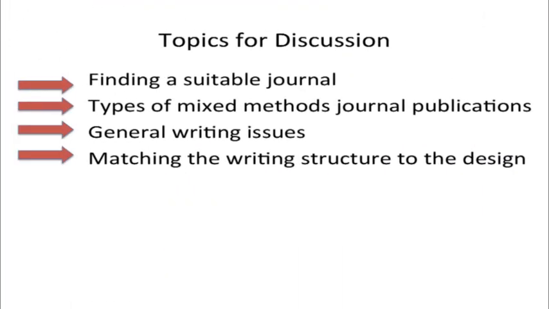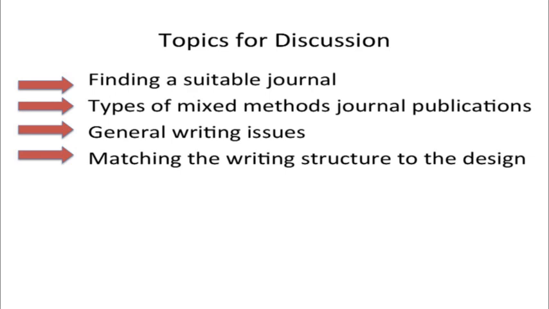So in summary, when you're publishing a mixed methods study, find a suitable journal. Think about the various types of mixed methods publications that you could organize from your project. Especially consider 3 publications: a quantitative, a qualitative, and an overall mixed methods publication.